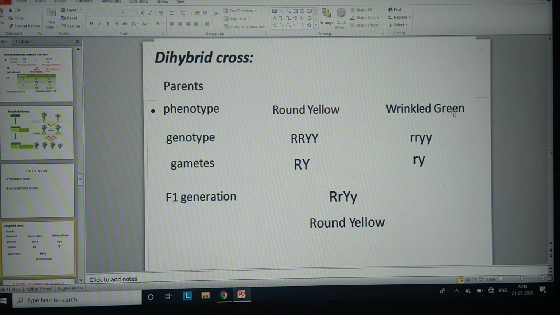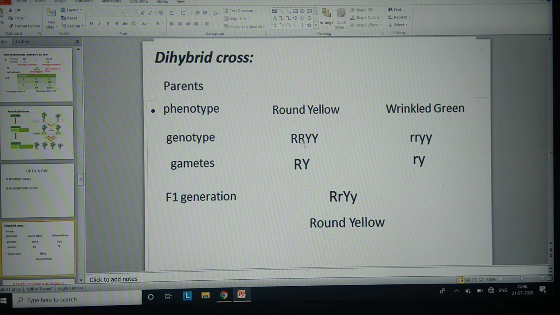And for wrinkled green, the genotype is small r, small r, small y, small y. For the wrinkled seeds, genotype is small r, and for green color of the seed it is small y. So, parents differing in two pairs of contrasting characters, when these plants are crossed, it will become dihybrid cross.